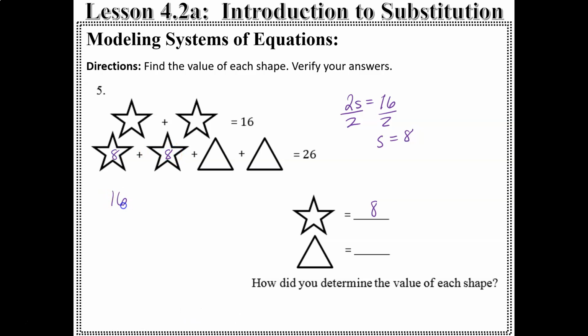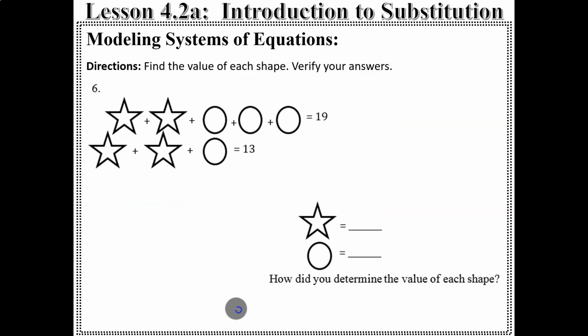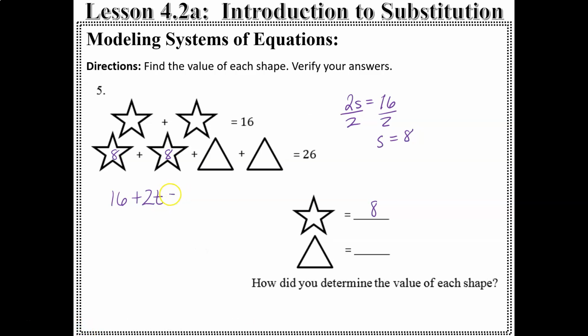So I have 16, that's 8 plus 8, plus 2 triangles equals 26. So I'm going to subtract 16. So I have 2 triangles equals 10. And then when I divide by 2, I have 1 triangle has a value of 5. So you're finding one value, substituting it in for the other.